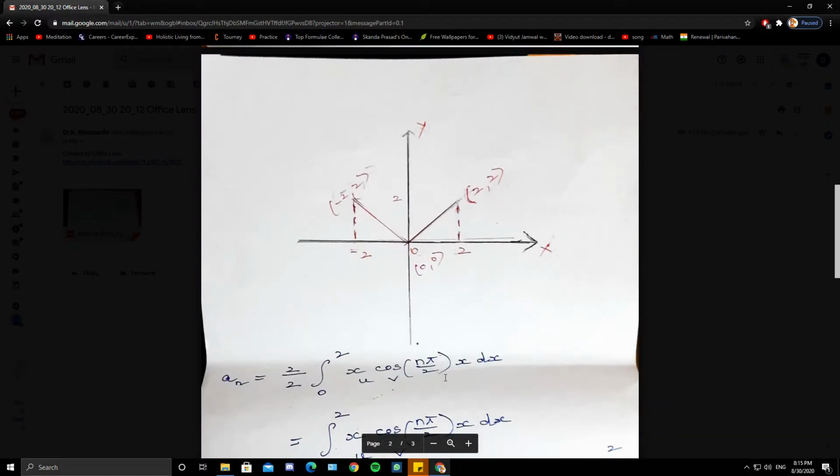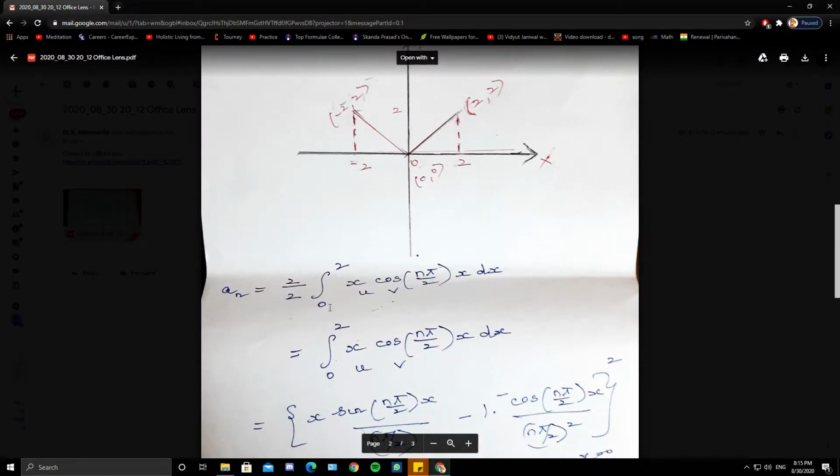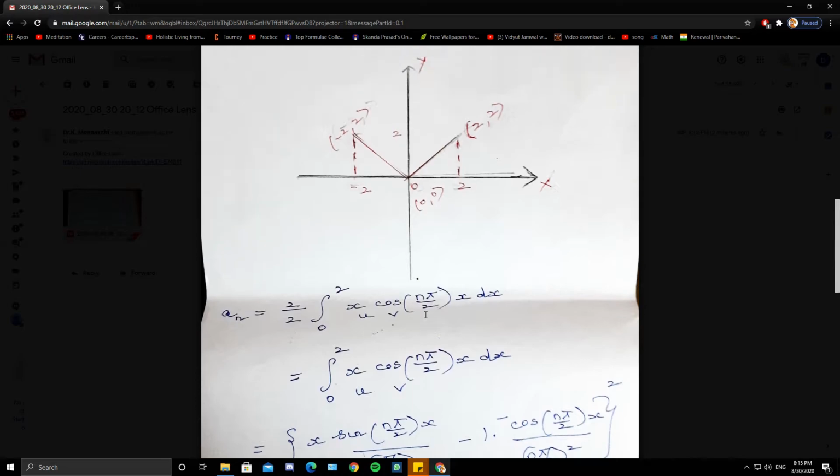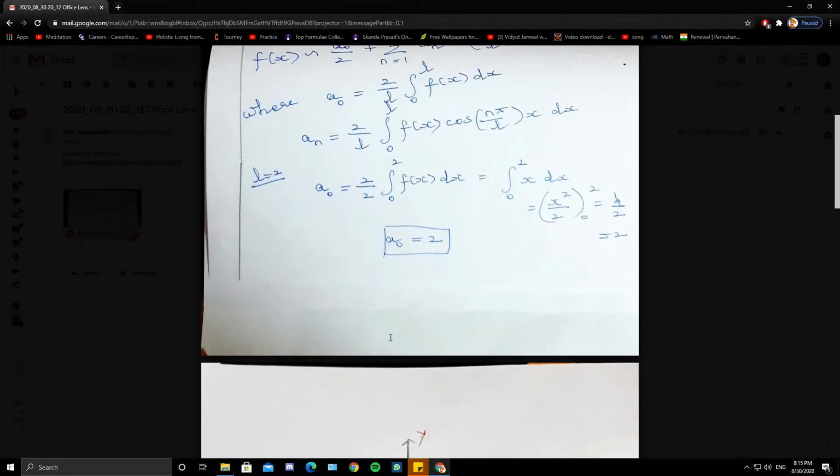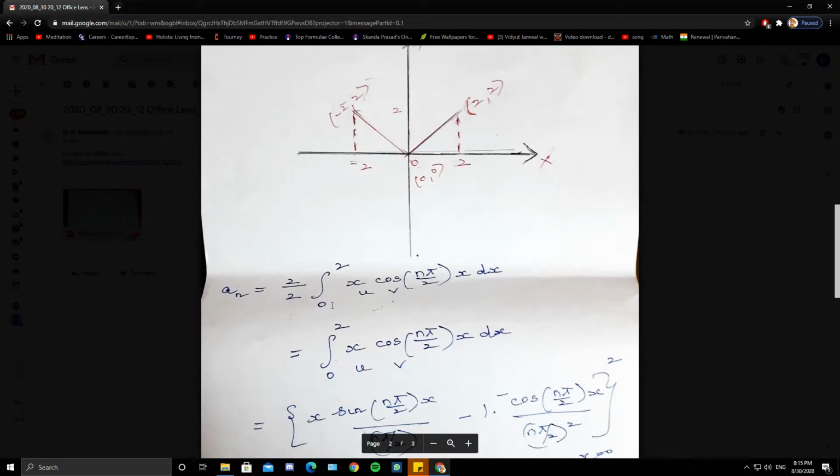Now coming to a n: 2 by l integral 0 to l f of x cos of n pi by l x dx. So l is 2, and a n is 2 by 2 integral 0 to 2 of x cos of n pi by 2 x dx.